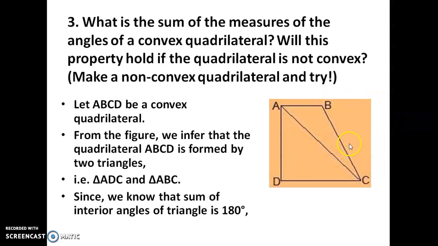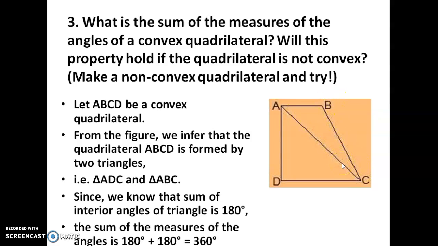Okay, this triangle will have 180 degrees and this triangle will have a total sum of 180 degrees. Okay, sum of the measures of the angles equals 180 plus 180 equals 360 degrees. Okay, if you try with the formula (n minus 2) into 180 also, you can get the same, that is 360 degrees.